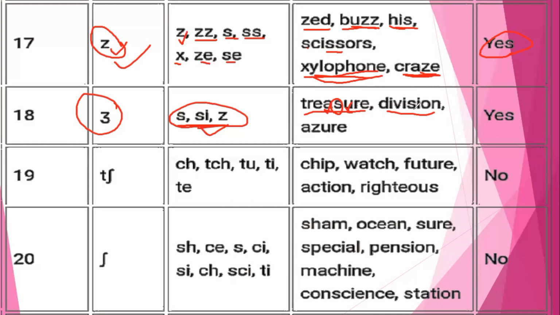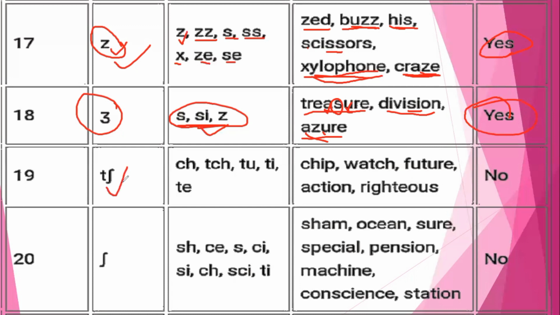This si is also surrounded or lying in between two vowel sounds, I and O. Another, azure, azure. This Z lies between two vowel sounds, that is A and U. So azure, azure. And it is also a voiced sound. This jar is also a voiced sound.